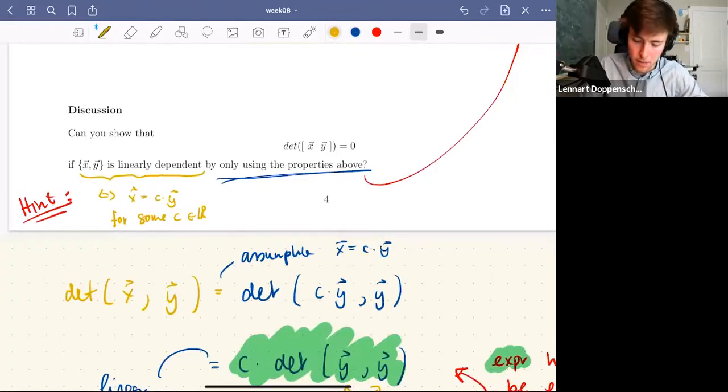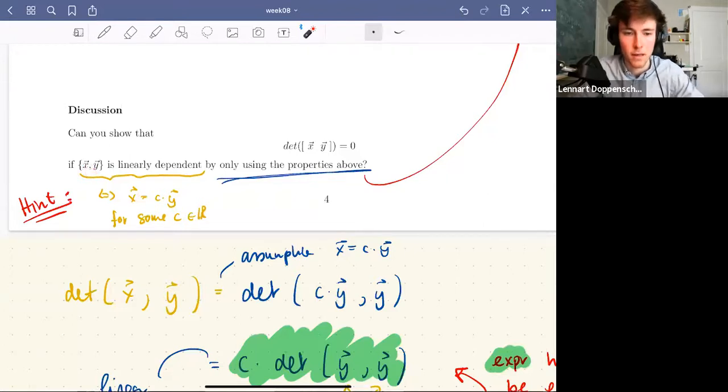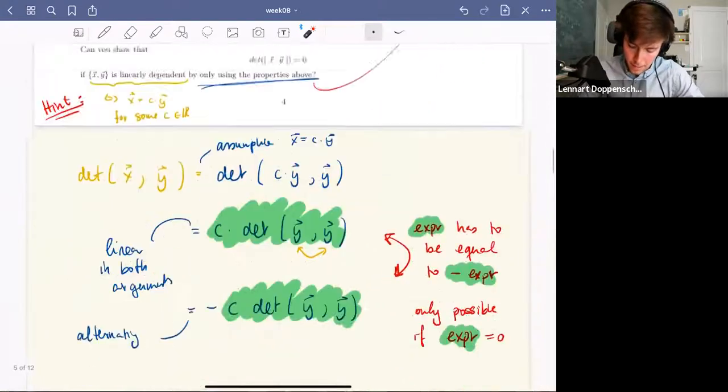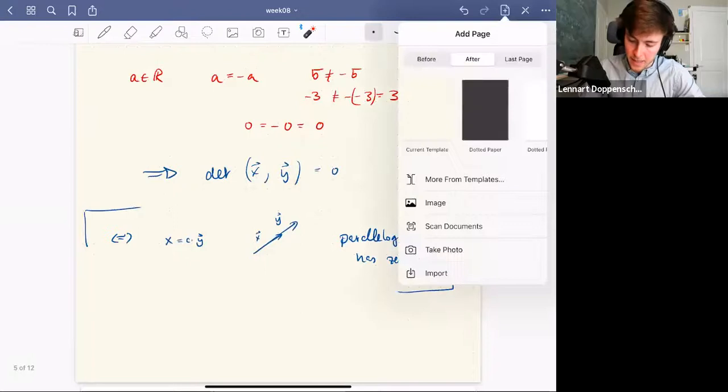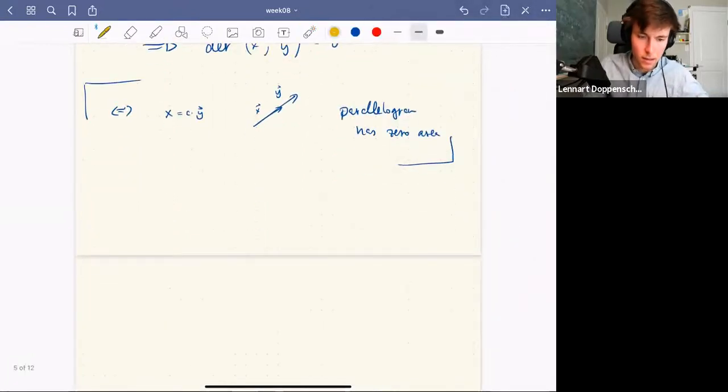Yardan asked what happens if c is 0. Well, if c is 0, then this vector x is 0, and then you have a family of two vectors where one is 0, and then it has to be linearly dependent.